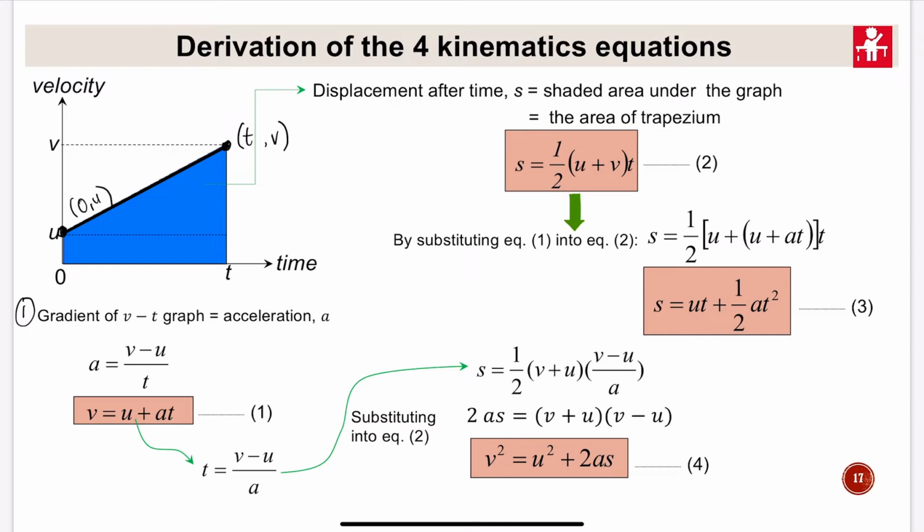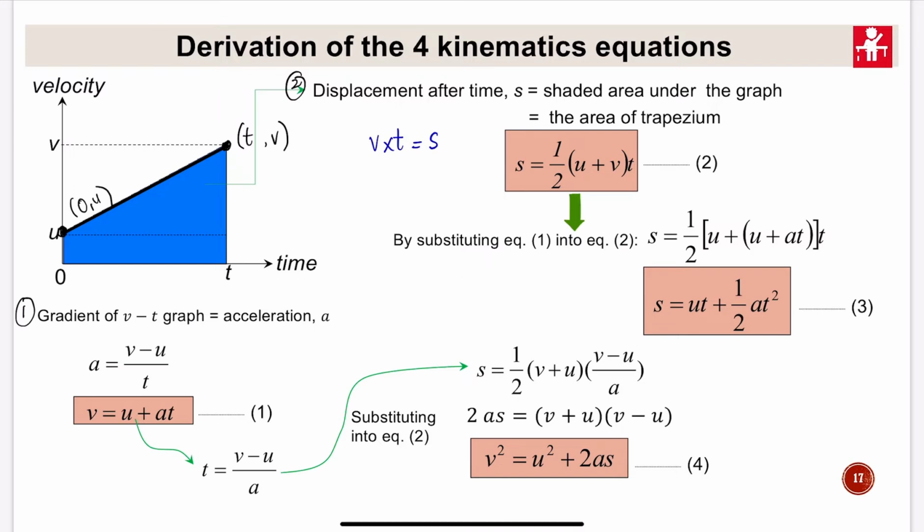The second concept that we have learned about velocity time graph is from the area under the graph. The area means it is an operation of times, so multiplication. So v times t, we will get displacement.